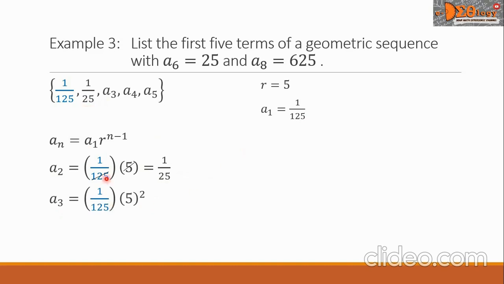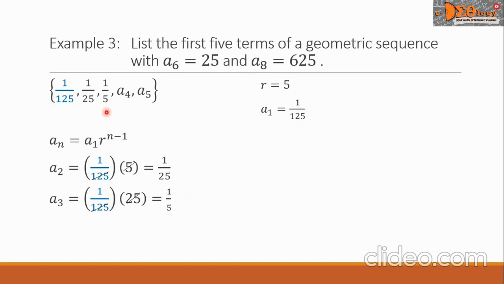The a sub 1, again that is the first term, is 1 over 125 times the r, which is 5, raised to 2. Simplifying further, this 5 squared gives 25, and we can cancel this 25 with 125. So we will have 1 over 5. This is now our a sub 3. Let us substitute this value in here.